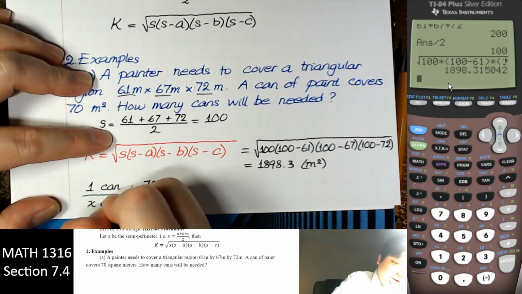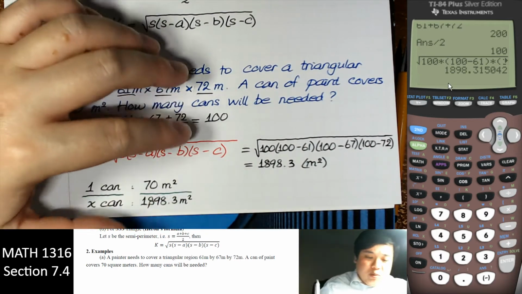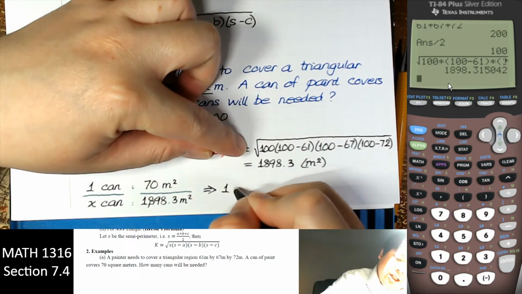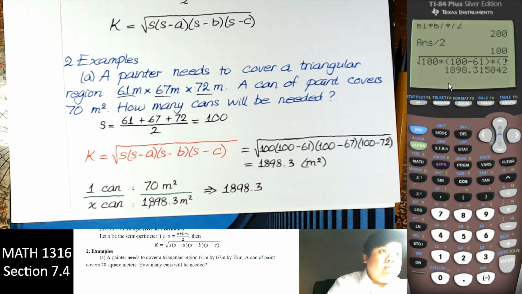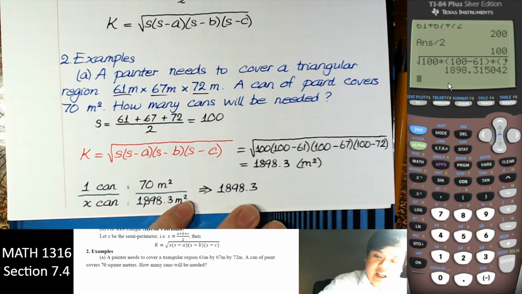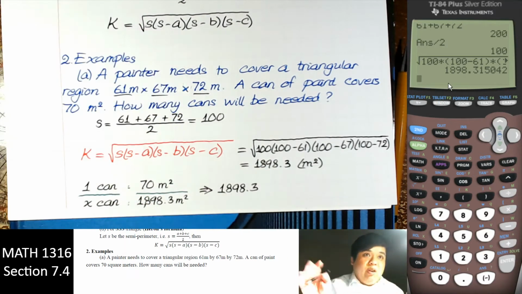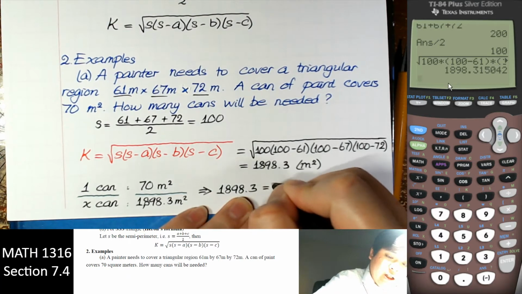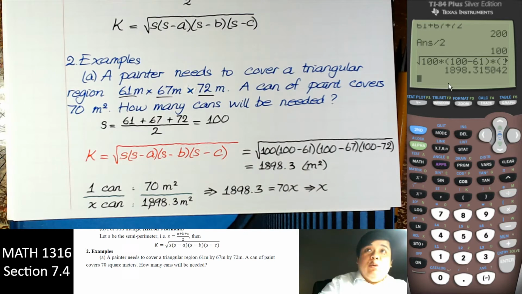We set up 1 over x equal to 70 over that, and just cross multiply. I'm just going to drop the units, because we can cancel meters squared and cans, so we don't have any units anymore. Anyway, cross multiply: 70x equals 1898.3, and so we solve for x. Take that number, divide by 70.